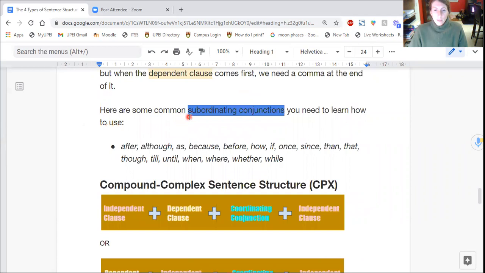Here are some common subordinating conjunctions you need to learn how to use. After, although, as, because, before, how, if, once, since, than, that, though, till, until, when, where, whether, and while.